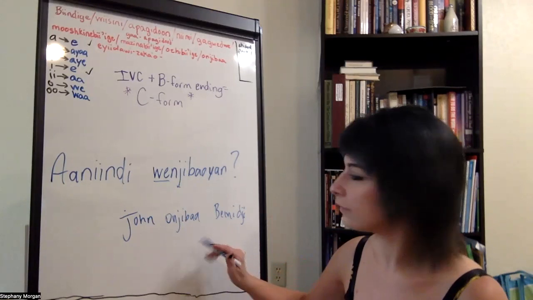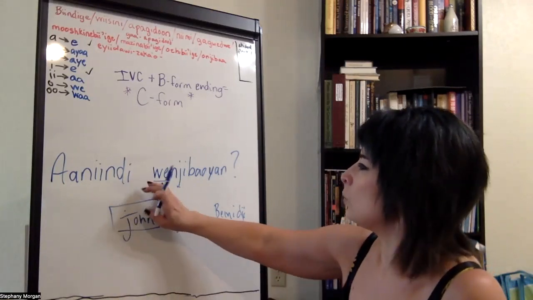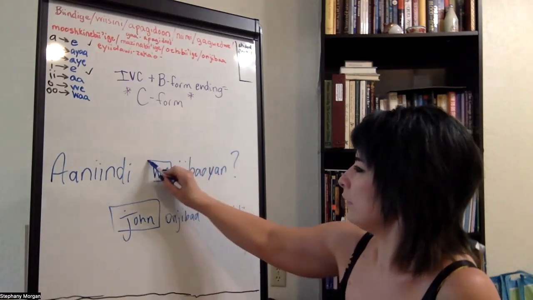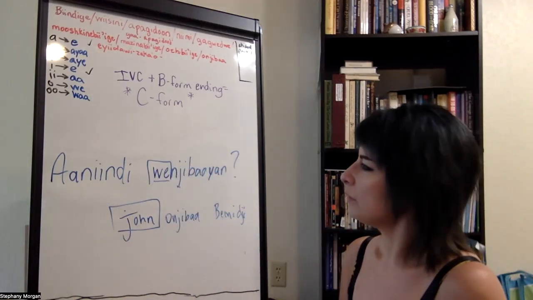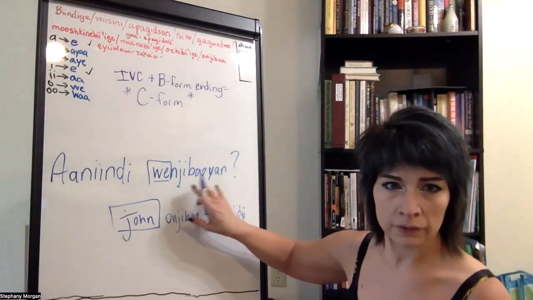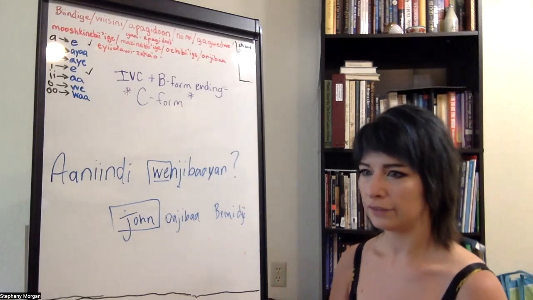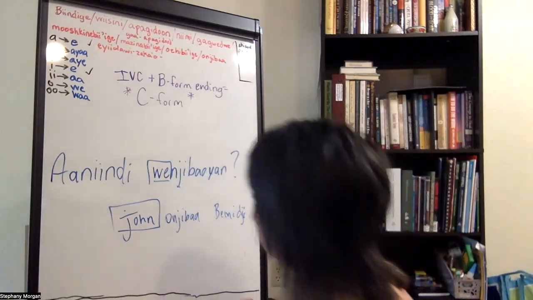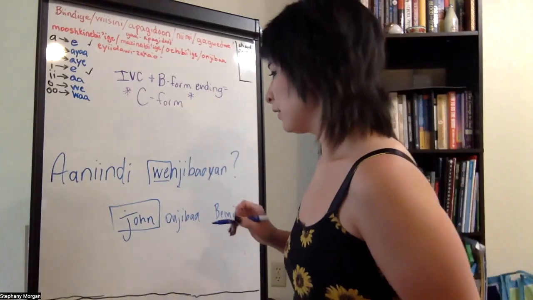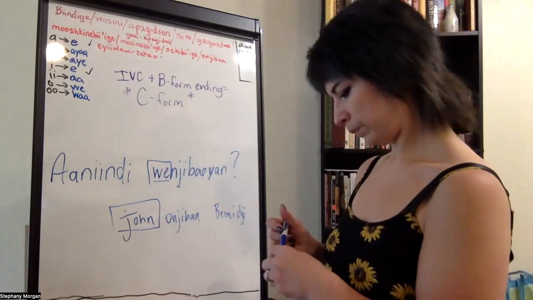This sentence emphasizes John. This sentence over here, Anindi Wenjabayan, this initial vowel change, the C form, is emphasizing where you are from. It's not emphasizing you, it's saying where are you from? And you would answer with the place. You would say like Bemidji indonjaba. That is the place I'm from.